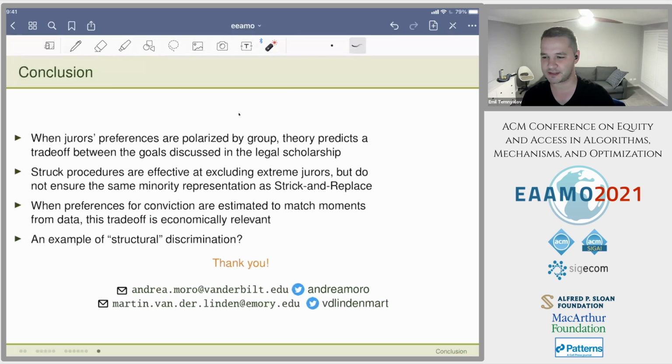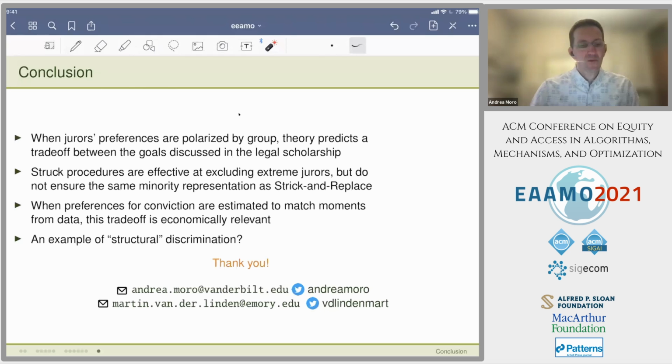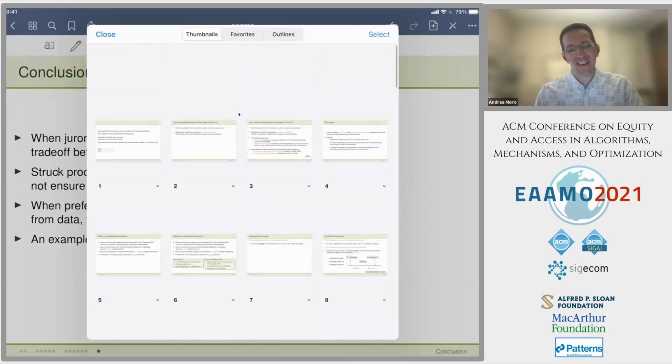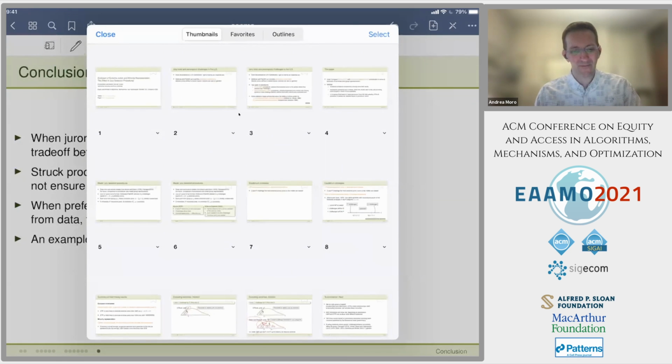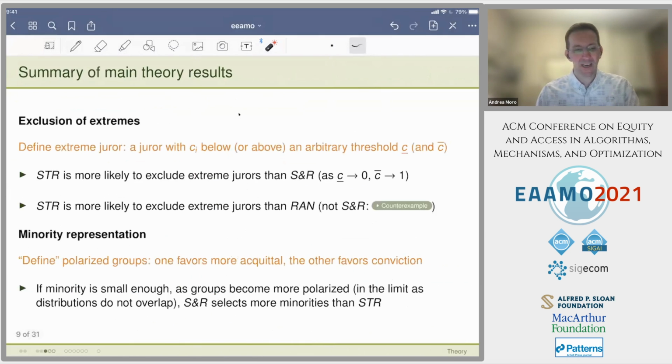So this is a very interesting question. Presumably, if we just did random selection, we would tend to have more minorities and extremes than either procedure. We found that, so let me try to remember. It's rather technical, so we can move it offline. So in terms of extremes, we find that struck is more likely to exclude extremes than random choice.